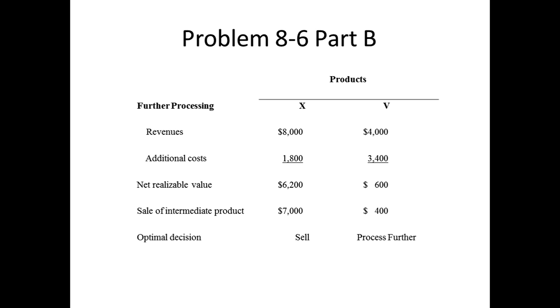Currently the firm is losing money processing the joint products. So we're going to take a look at what the optimal decisions are using incremental costing.